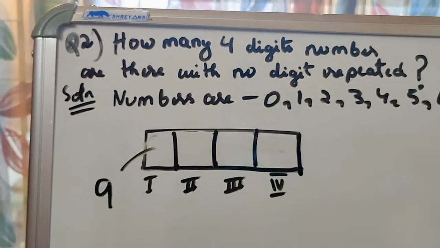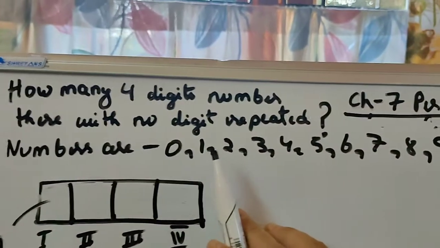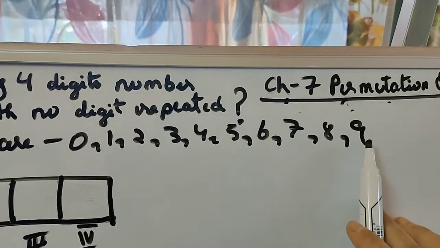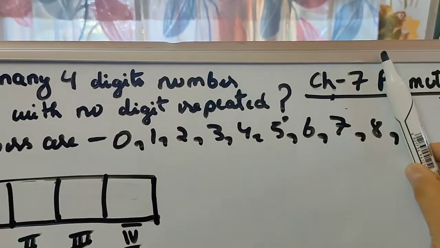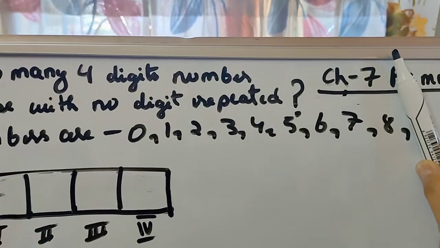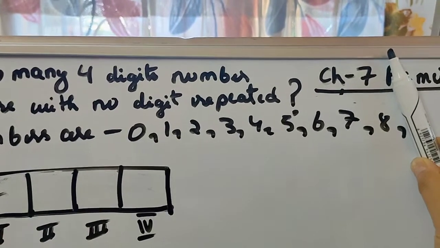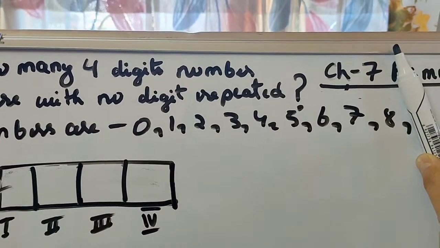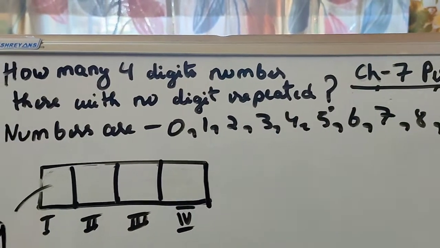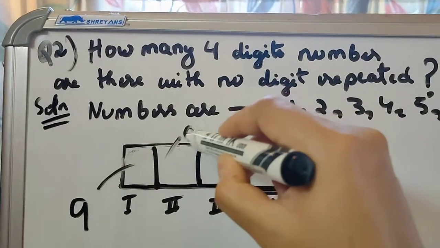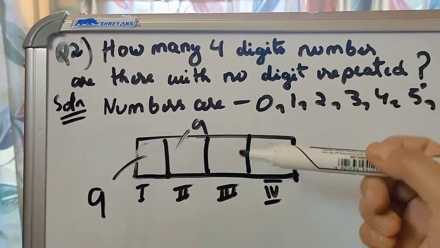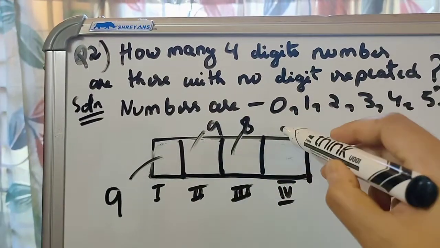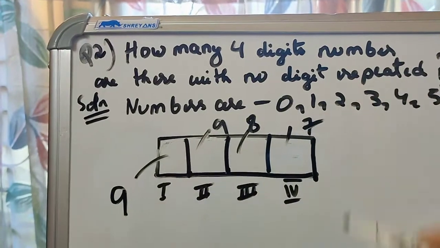So suppose from 1 to 9 I have used 9 in the first place, and in the second place I can use 0 now. So I will be left with numbers from 0 to 8, so I will be left with 9 numbers again here. 9 ways will be left. Similarly again 1 will be reduced, so here will be 8, here will be 7.